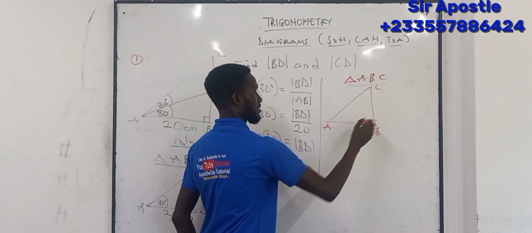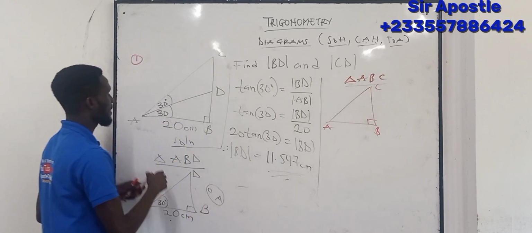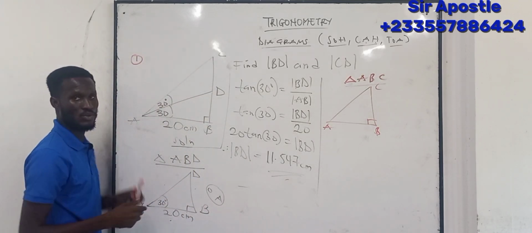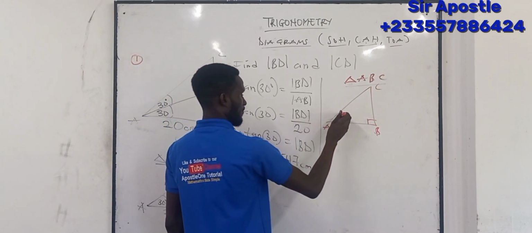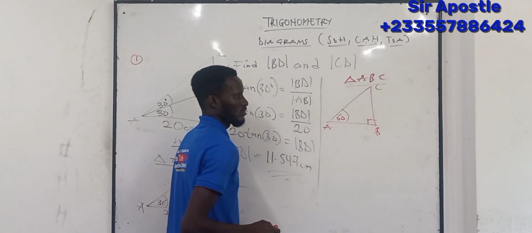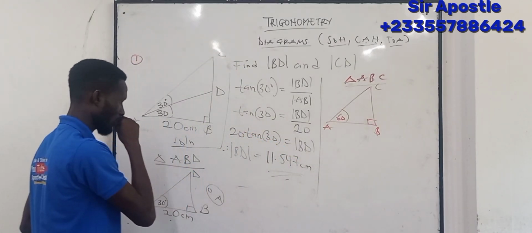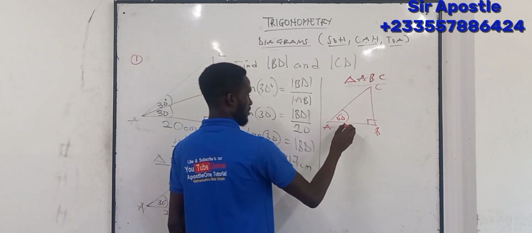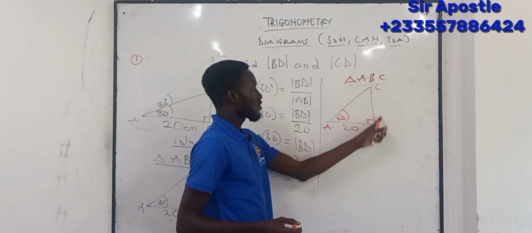Here is 90 degrees. Now what will be the angle here, ABC? The angle here will be 30 plus 30, which is 60, because I'm considering the bigger one. Now here is 20.